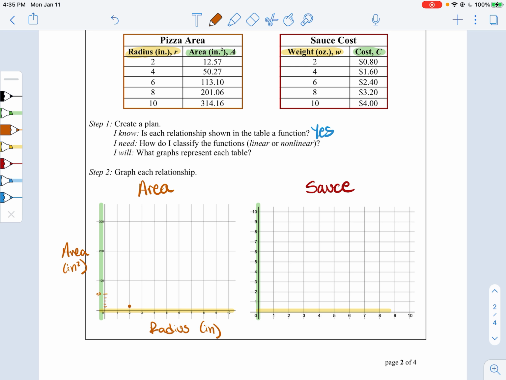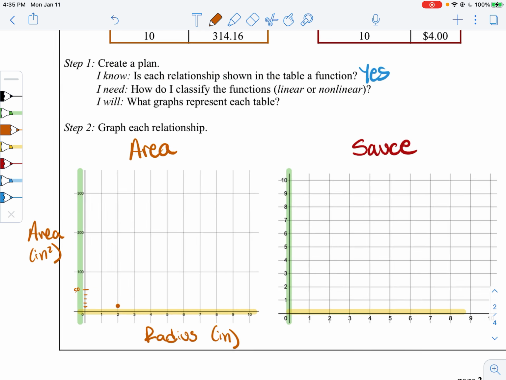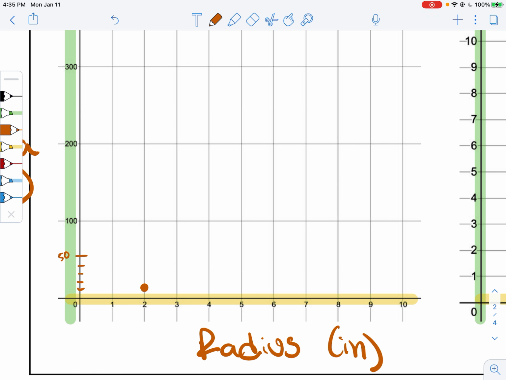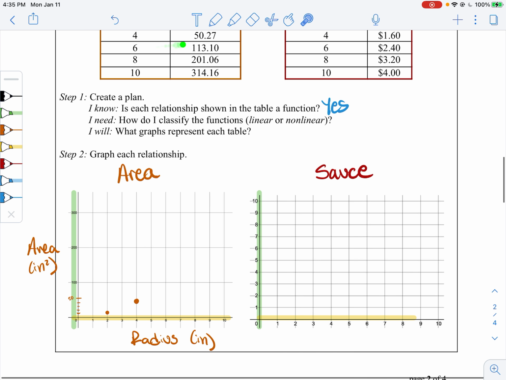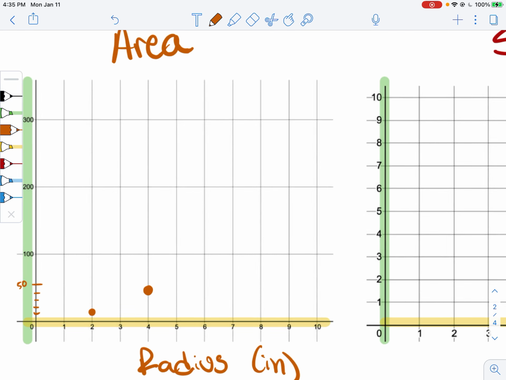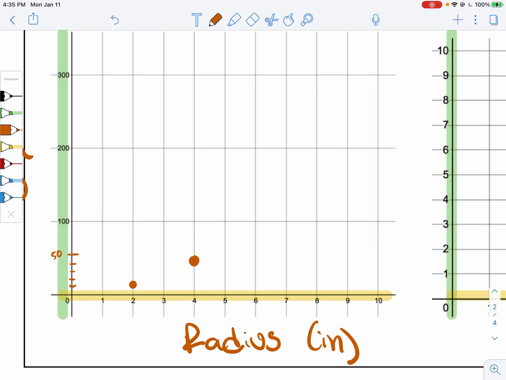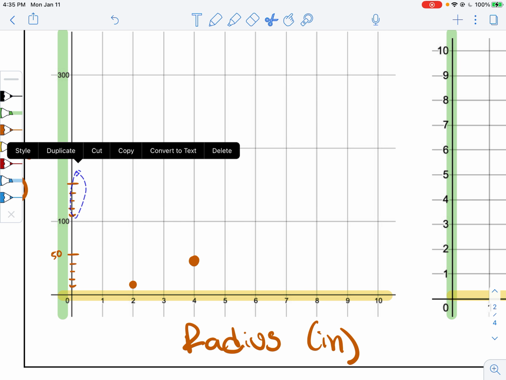Now 4 and approximately 50. So we go over 4, up 50. And next we have over 6 up 113. I'm going to borrow this same kind of metric to help me split it up, putting the 50 right halfway through.